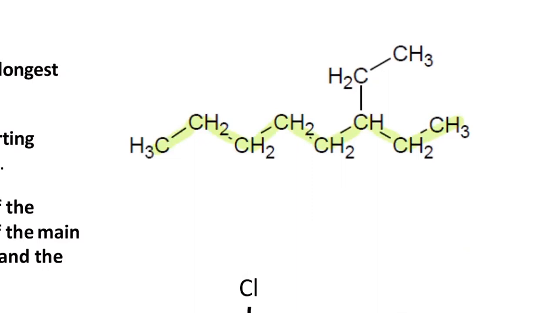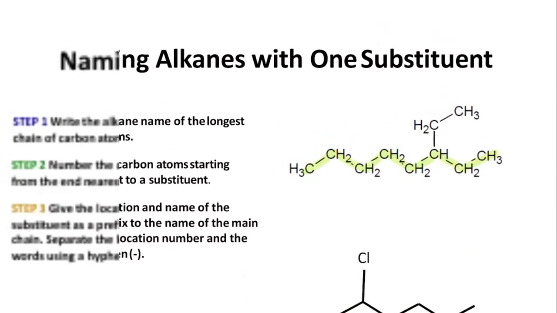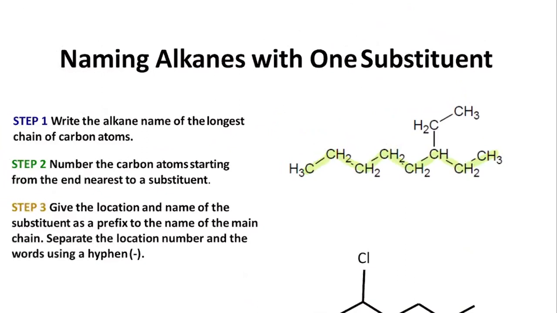How many carbons do I have here? Great, 8 carbons, okay? As you can see here, you're going to write the alkane name for the longest continuous chain. So what would be the word that tells me that I have 8 carbon atoms in a row? Great job, exactly, octane.